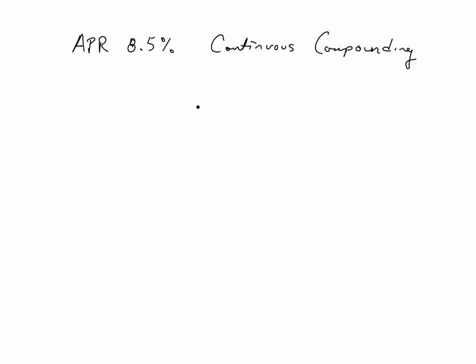How am I going to figure out what the APY is for 8.5% continuous compounding? Yep, that's right, N goes to infinity. So how do we do it?